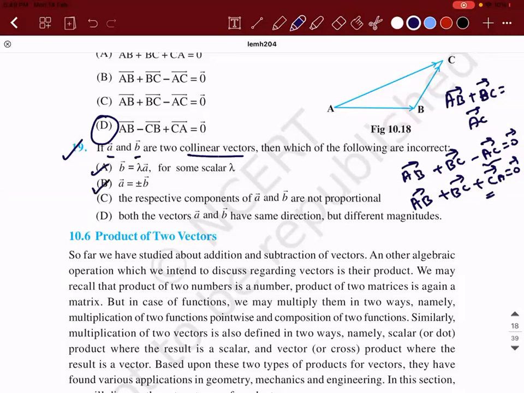It is right because 1 times lambda or minus 1 times lambda is still a scalar value. The respective components of A and B vector are not proportional. Both A vector and B vector have the same direction, but different magnitudes. Correct?